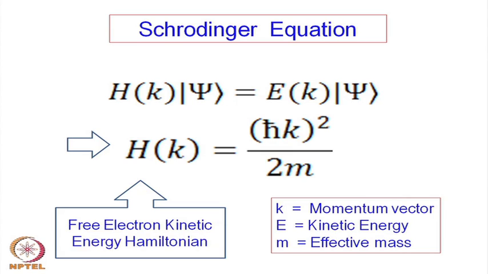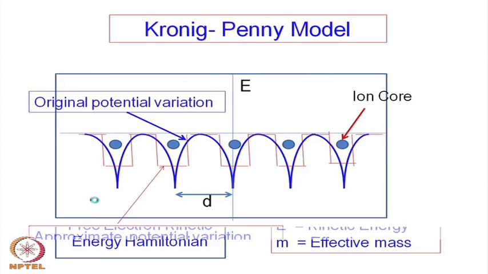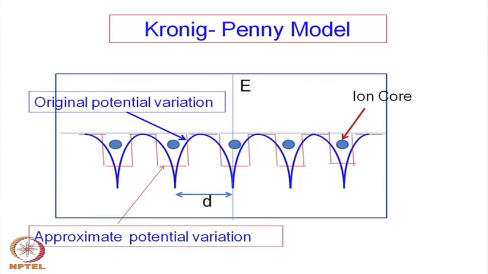k is the momentum vector, okay. And this is what they call the free electron kinetic energy Hamiltonian. Okay. So, ultimately it becomes this value, and to solve some of these equations we have to make some assumptions.